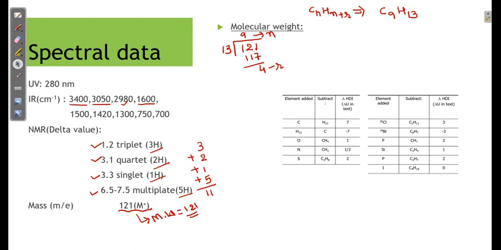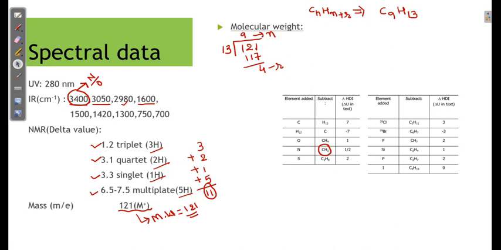But if we check the NMR, it indicates there are 11 hydrogens, so 2 hydrogens less. If nitrogen is there, we have to decrease 2 hydrogens. Here again 3400 is given, which also indicates the presence of nitrogen or oxygen.